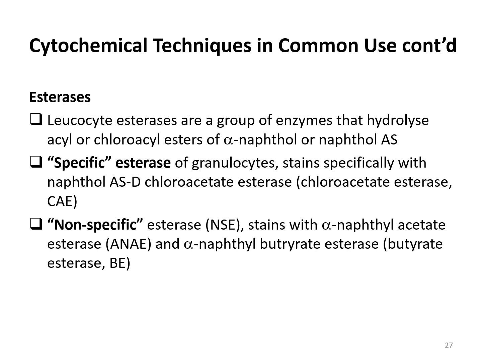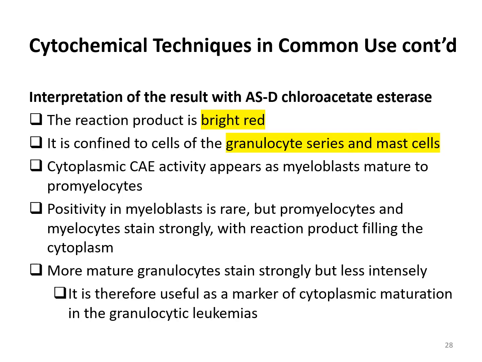The other one, NSE or non-specific esterase, stains alpha naphthyl acetate esterase, also called ANAE, and alpha naphthyl butyrate esterase, or simply BE. Those are the substrates and enzymes referred to as leukocyte esterase.